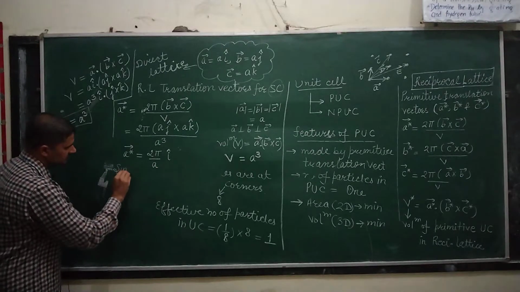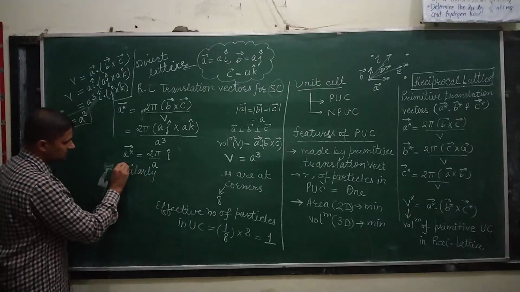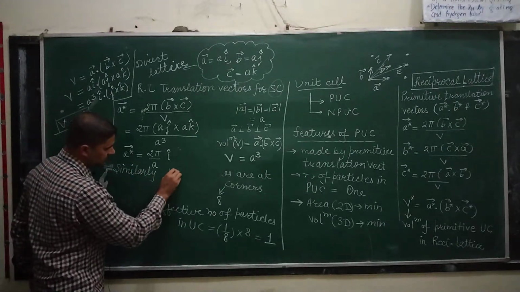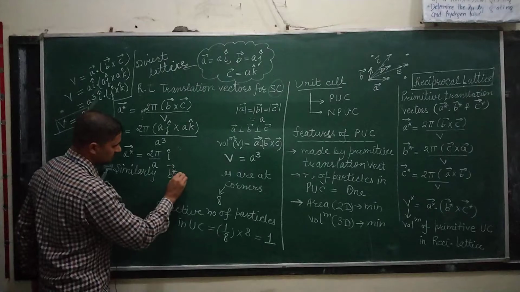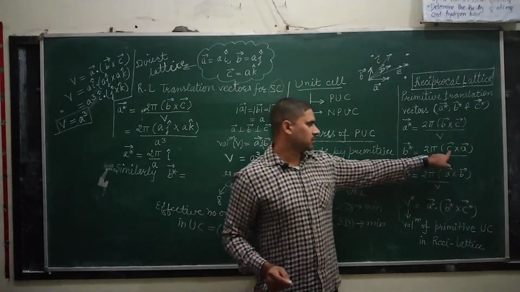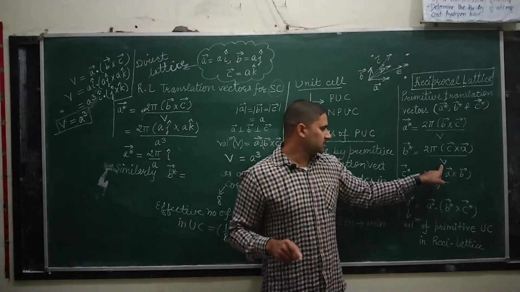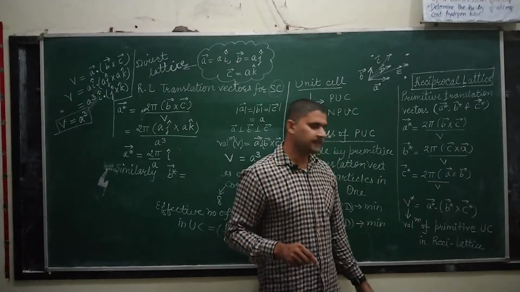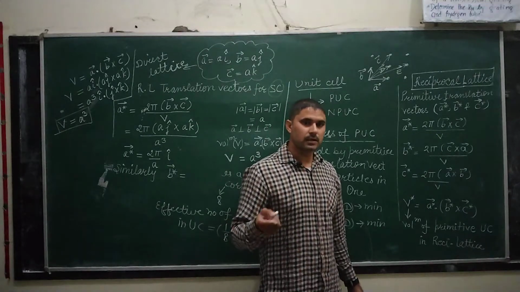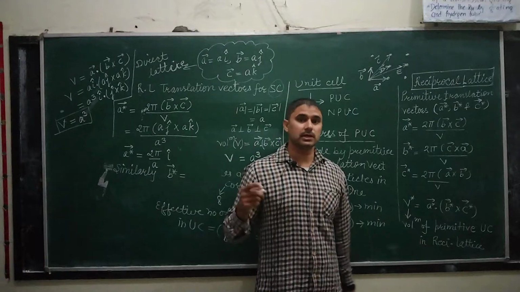Similarly, you can get primitive translation vector b using this relation, 2 pi vector c cross vector a divided by v. This v, volume, is in the direct lattice, and for simple cubic v is equal to a cube.